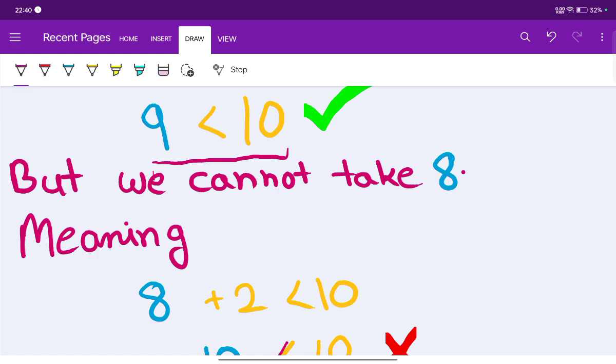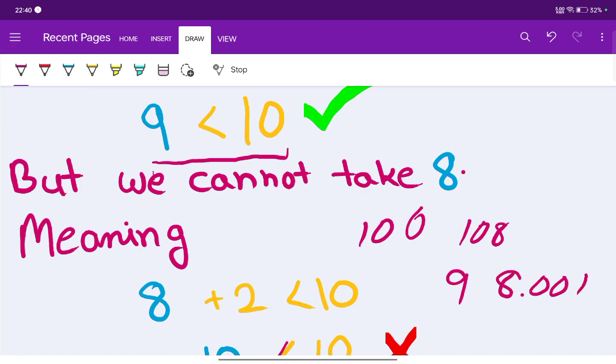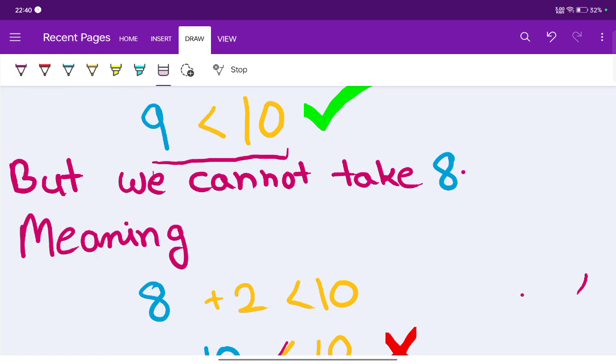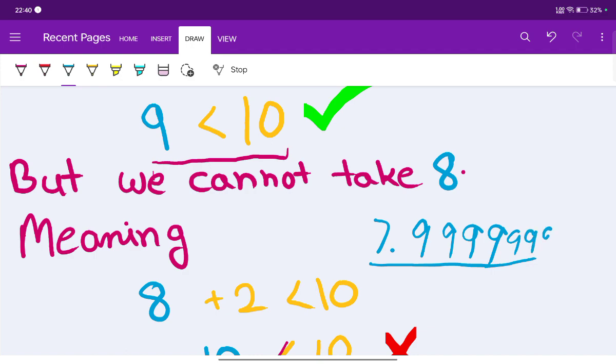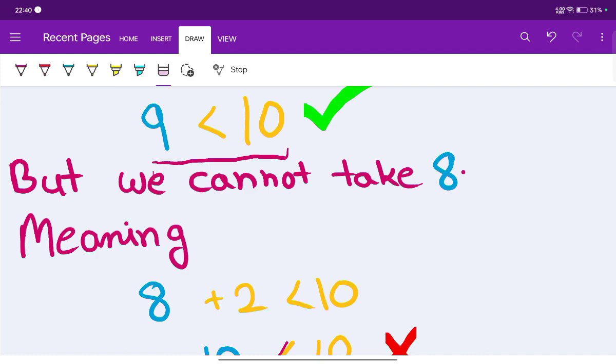We cannot take 100, 110, 108, or 9, even 8.001. But the numbers we could take: 7.9999 or any number which is less than 8. It can be 7.999996 or any number less than 8. But it could not be 8.